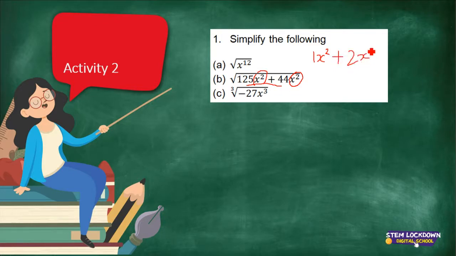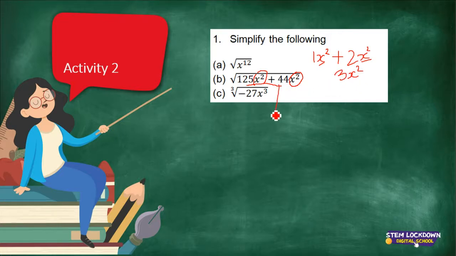Because we're adding, we don't change our variables. So 1 plus 2 is 3, 3x squared. Like saying 1 banana plus 2 bananas. Answer will be 3 bananas. The word banana does not become banana squared because you are adding. So same thing applies to this question.